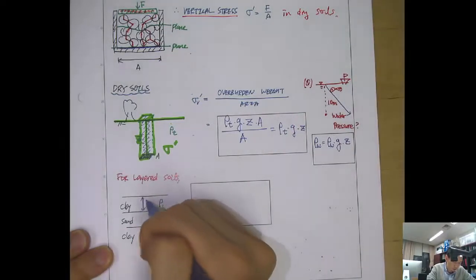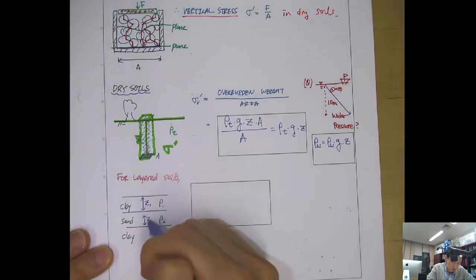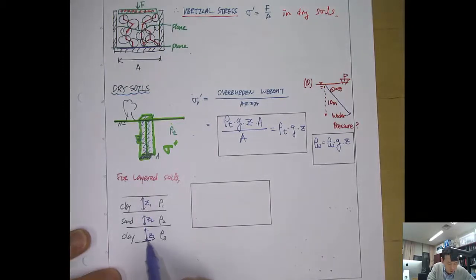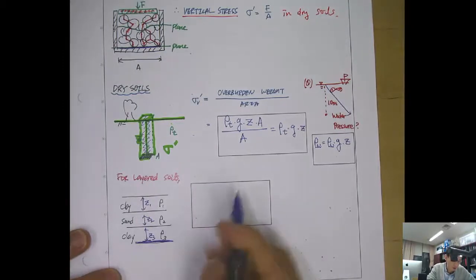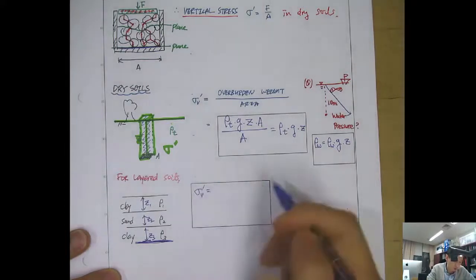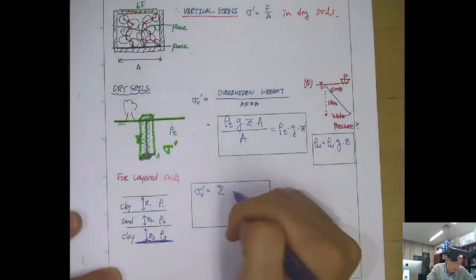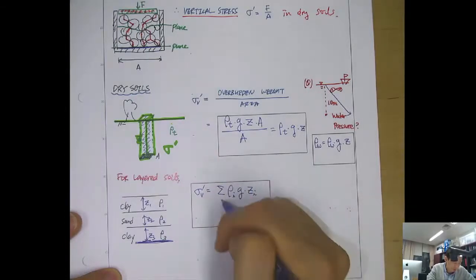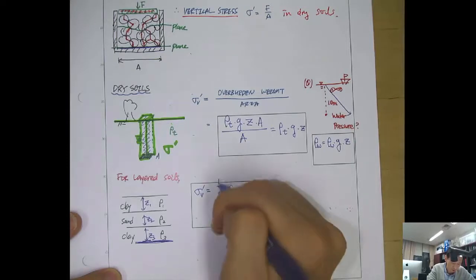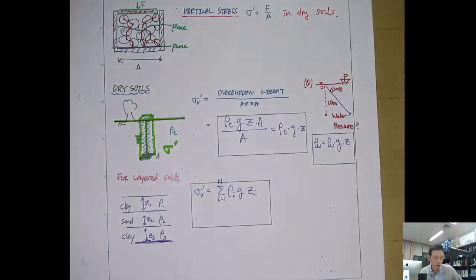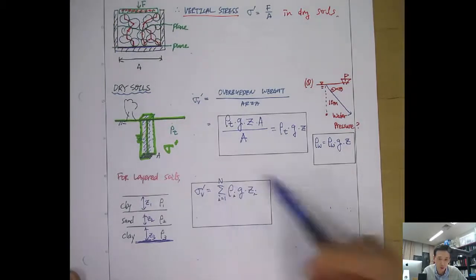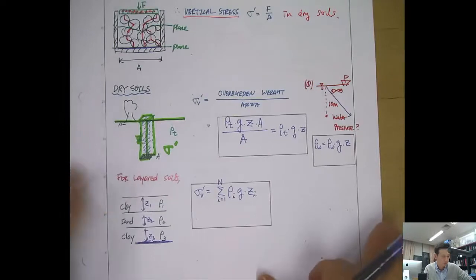So for example, if this is z1, z2, here z3, and if you want to know the stress here, then sigma_v prime, the vertical effective stress, will be the sum of each layer's stress. Right, in this case, the capital N will be equal to 3.